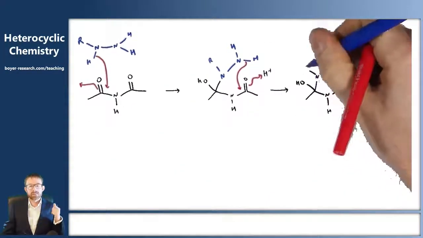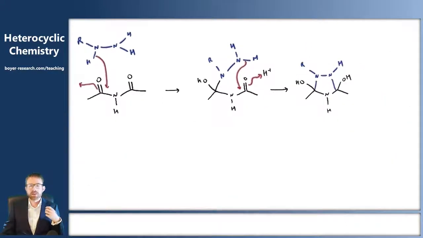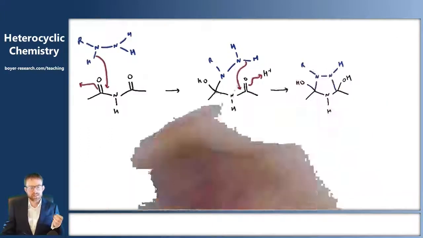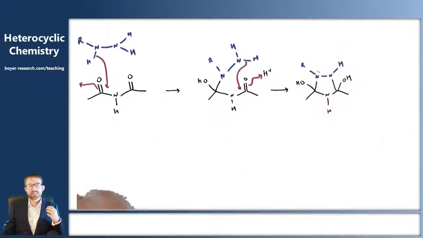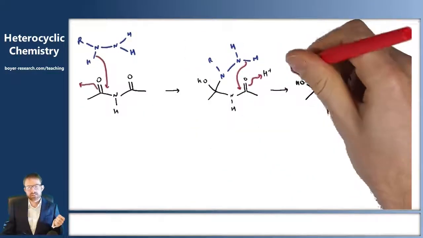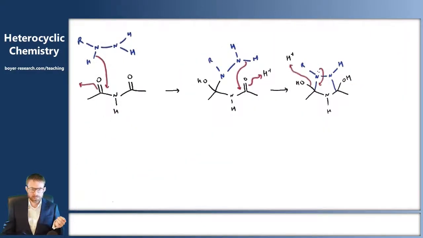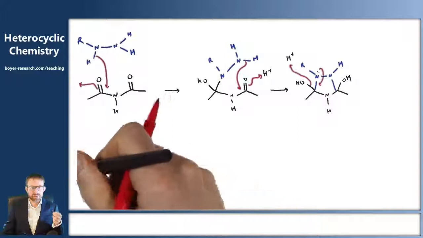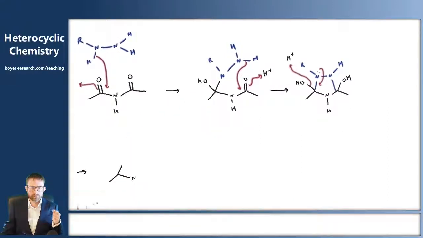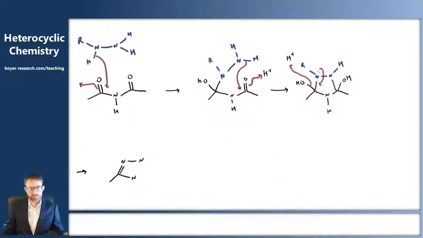Now what we need to do is lose 2 molecules of water, and we can do this by using the lone pairs from the nitrogens to assist. So the lone pairs come in, they promote the loss of OH minus, promoted by an H+. That gives us an iminium species, which is neutralized by the loss of a proton.